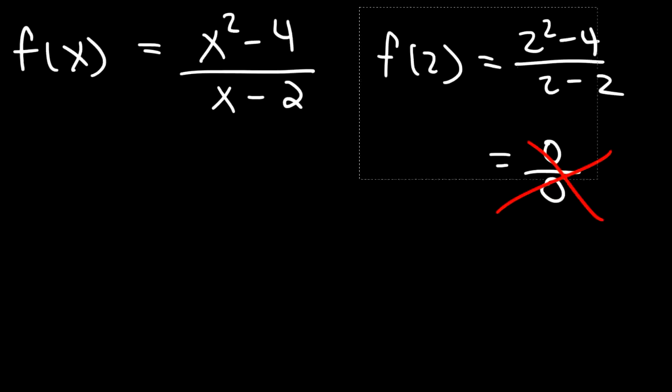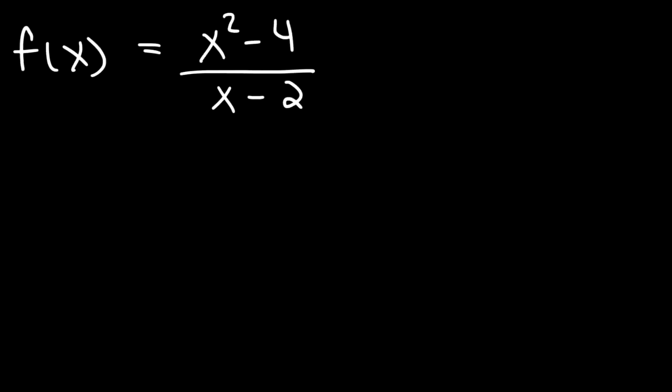And so this is when limits become important. So if we can't find out the value of the function when x is 2, can we find out what the function will do as x approaches 2? So what happens when x is, let's say, 2.1?